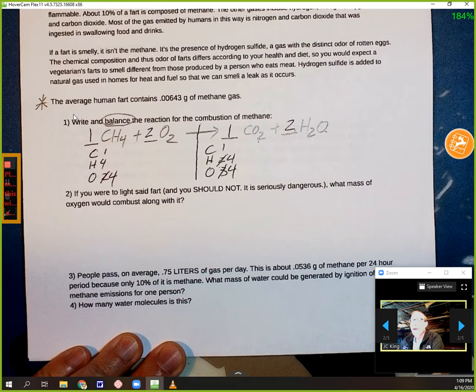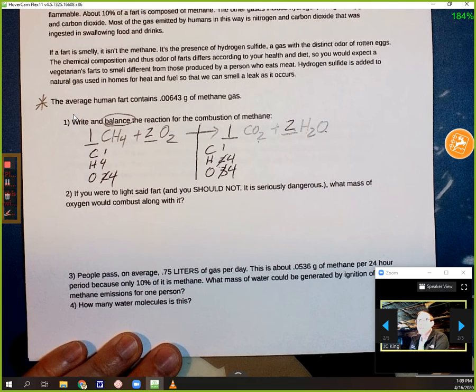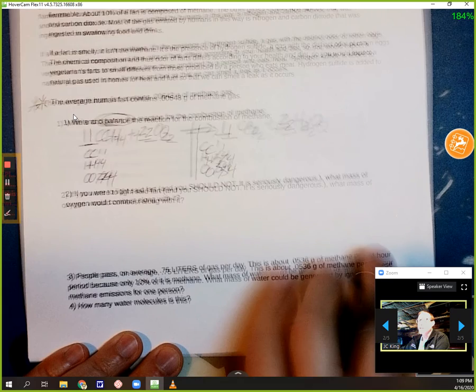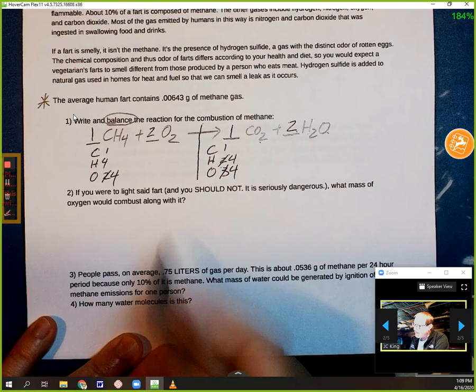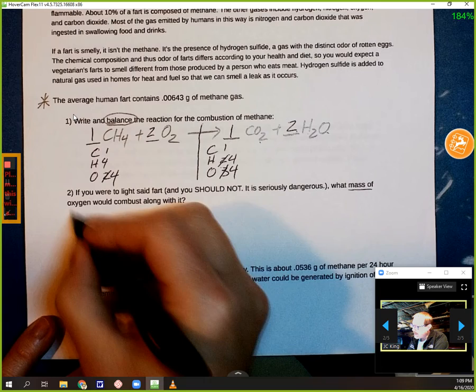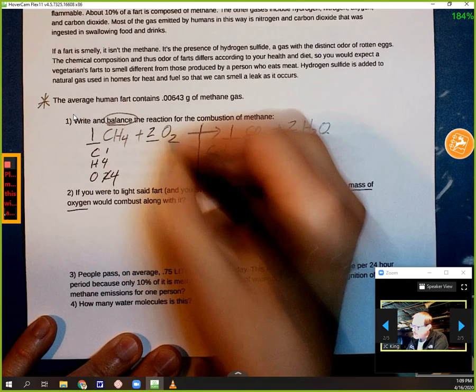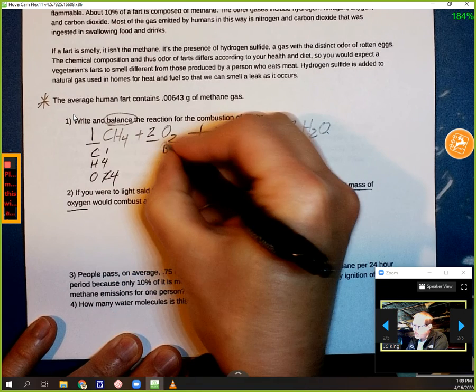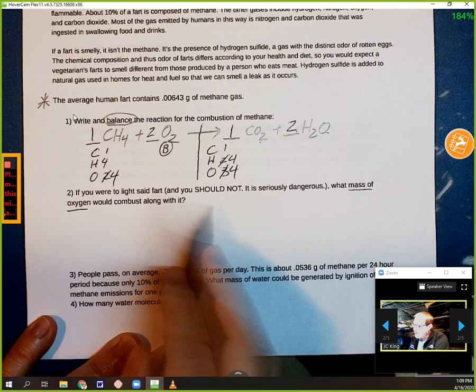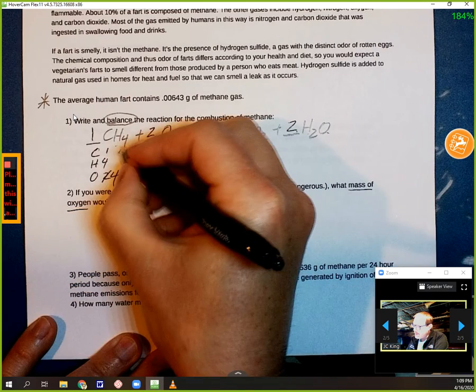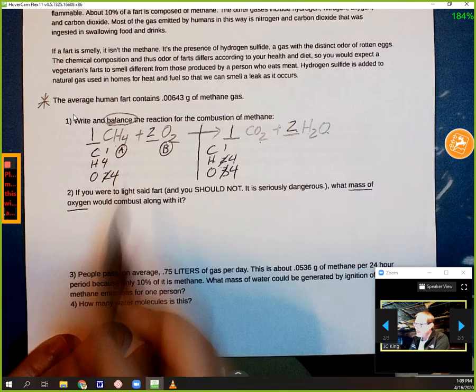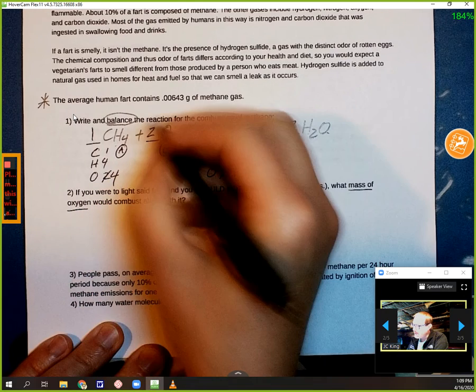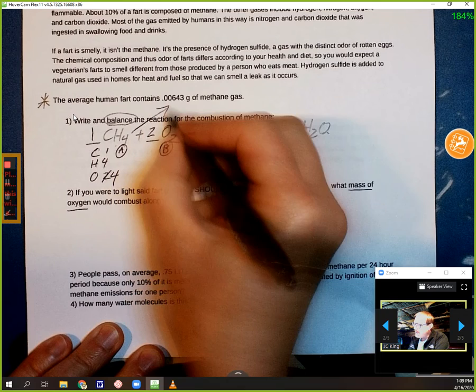Let's look at number 2. If you were to light said fart, and you should not, it is seriously dangerous, what mass of oxygen would combust along with it? So we are looking for mass of oxygen. So oxygen here is going to be our B. We are starting with our methane, which is going to be our substance A. Now it says right here that every fart contains that many grams of methane gas.